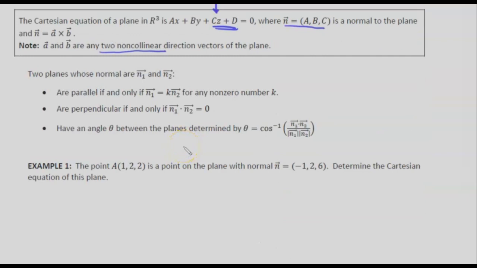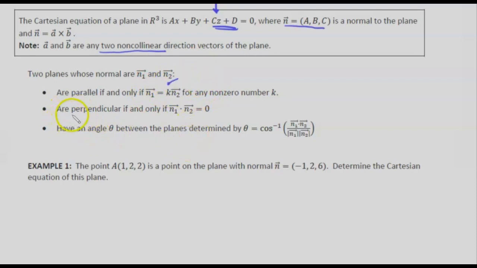So 2 planes whose normals are n1 and n2 are parallel if n1 is a scalar multiple of n2 for any non-zero number k. Obviously if it's 0, we're just going to have 0 equals 0, so that's not going to work. So we have to have some non-zero vector here.